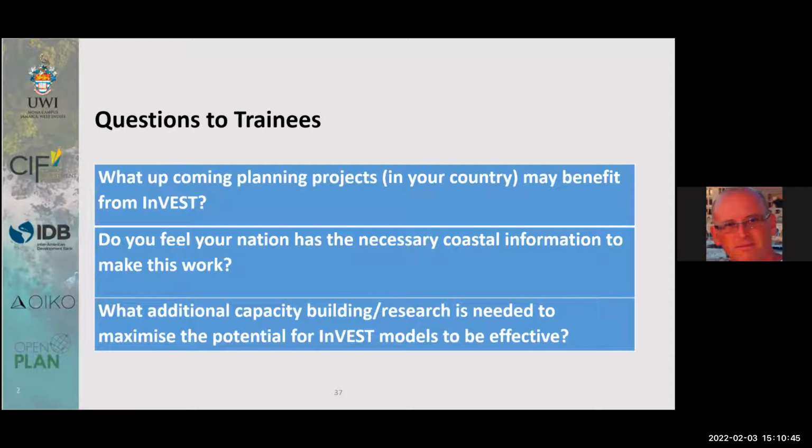And thirdly, and linked very strongly to the reason for us undertaking this training, from your country's perspective, what additional capacity or research needs are going to be required to maximize the potential for INVEST models to be effective? I'll leave those questions open.